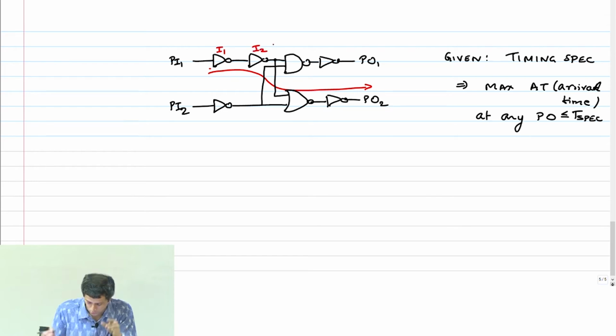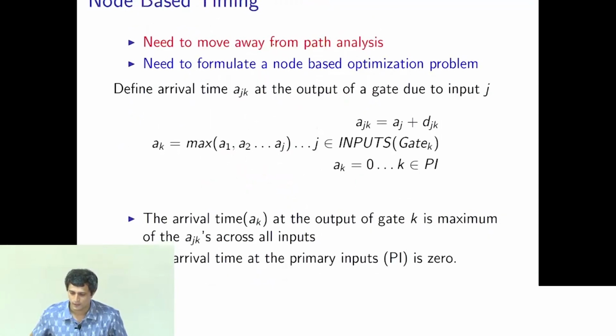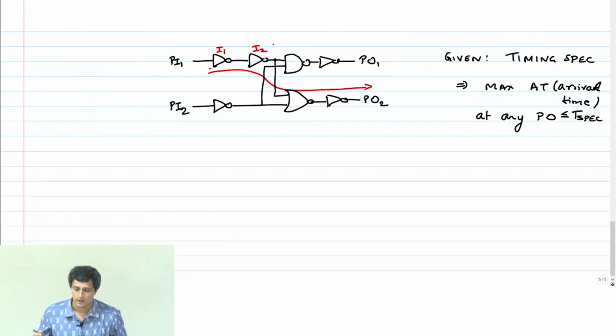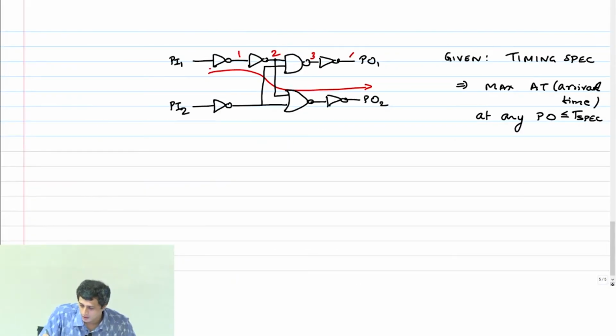Let me make sure my notation is correct, because I can fix some slides to this at some point. Let me not call this I1, I2. I'm going to call this 1, 2, 3, 4, 5, 6, and 7.